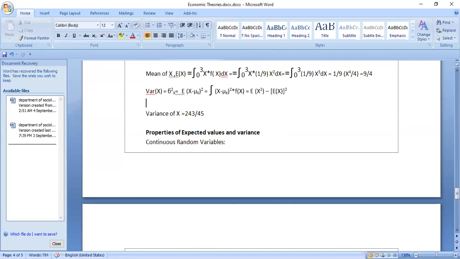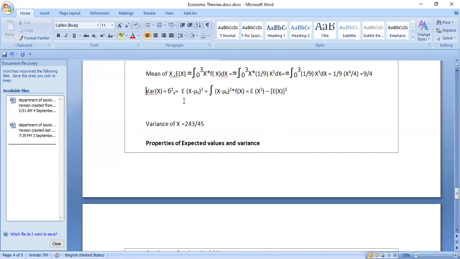First find expected value of x squared. Now this is the variance, as we know. We want to find expected value of x squared. How do you find that?